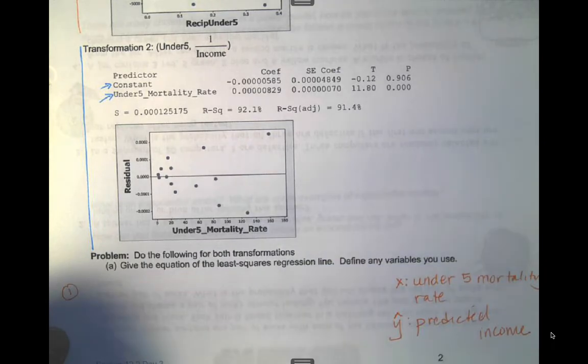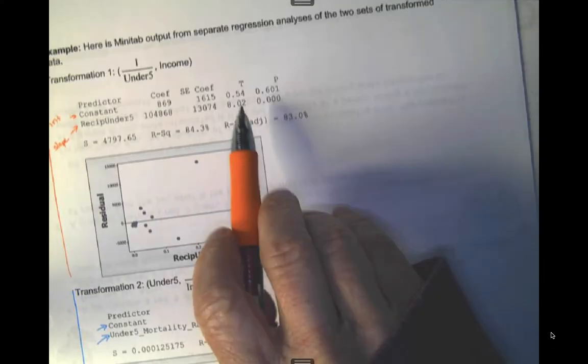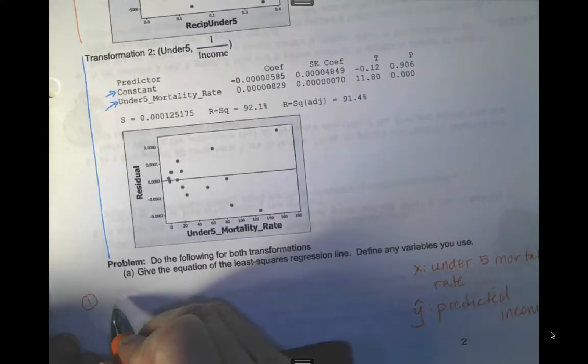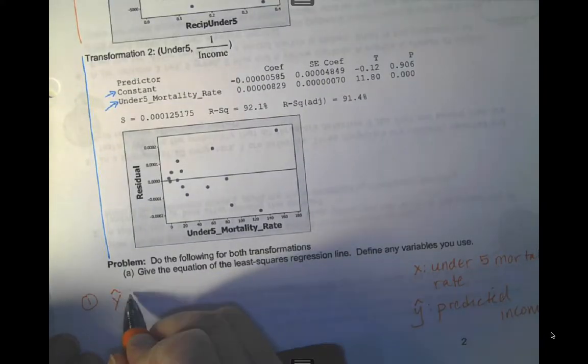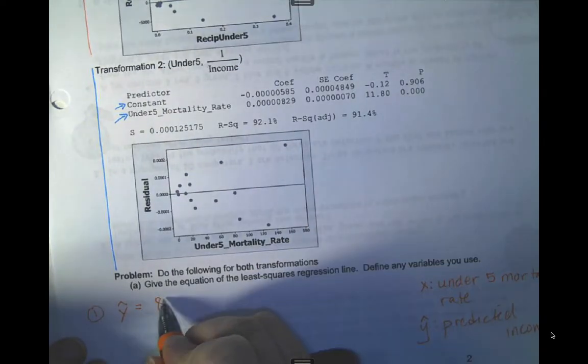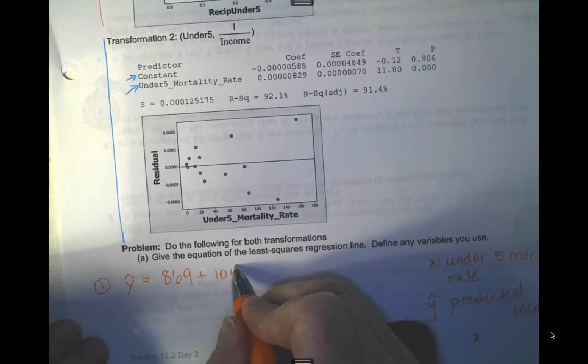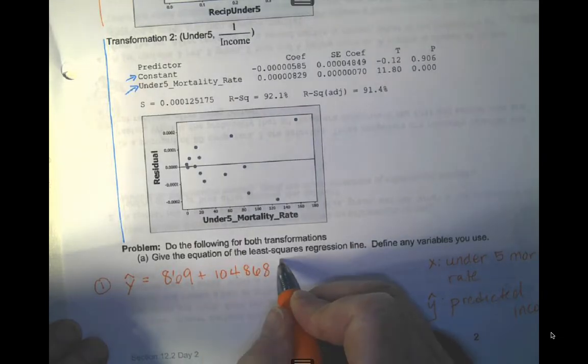So for the first equation, I didn't transform the y. So I would have y hat equal, and then there's the 869, that's the intercept, plus there's the slope, but this one is 1 over x.